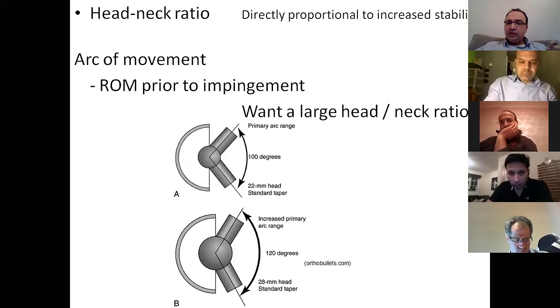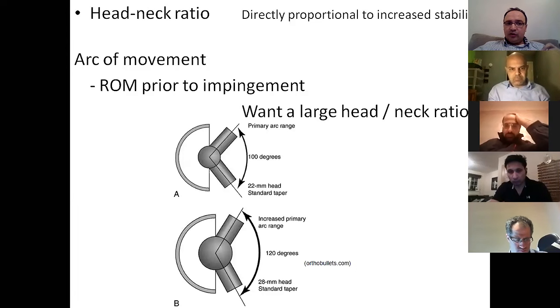The top one has to travel 100 degrees. So that demonstrates the importance of the head-neck ratio. So you want a larger head-neck ratio to increase the arc of movement prior to impingement. Don't need to say anything more than that. The examiners will be looking at you and being impressed.